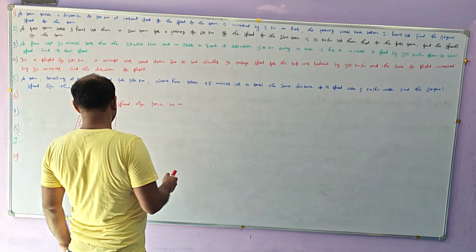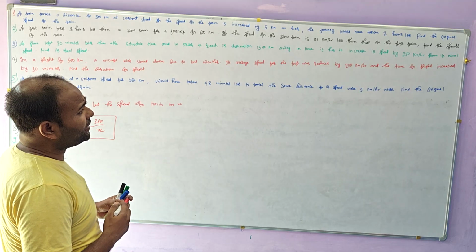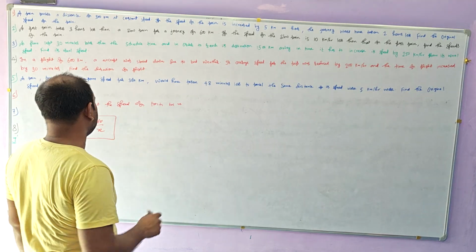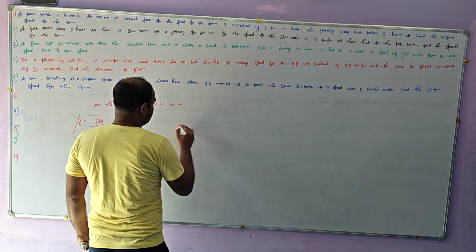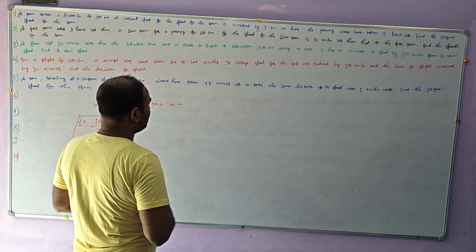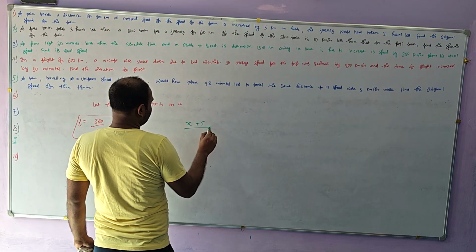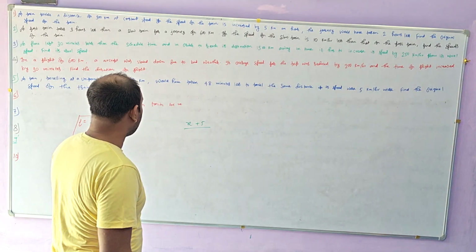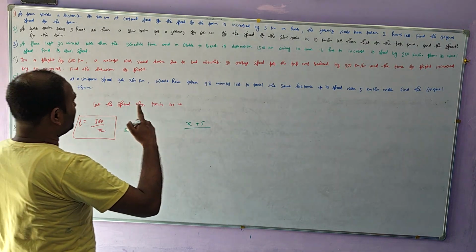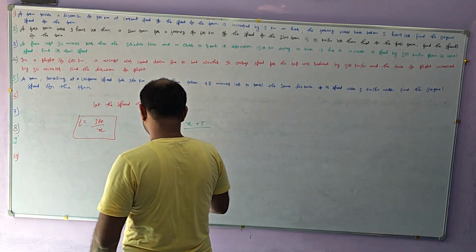Now, if the speed is going to increase by 5 km per hour, that means now the speed becomes x plus 5. When the speed is x plus 5, then how much time does it take? 48 minutes less.